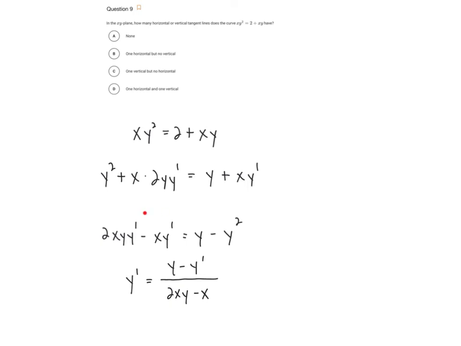Okay, so just factor out a y prime and divide by what was left. Wait, what am I doing? Oh, this should be y squared. Yeah, it's a y squared there.